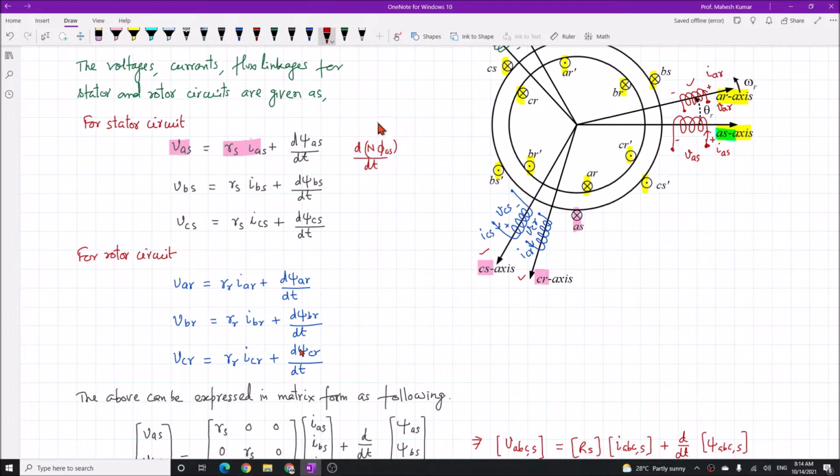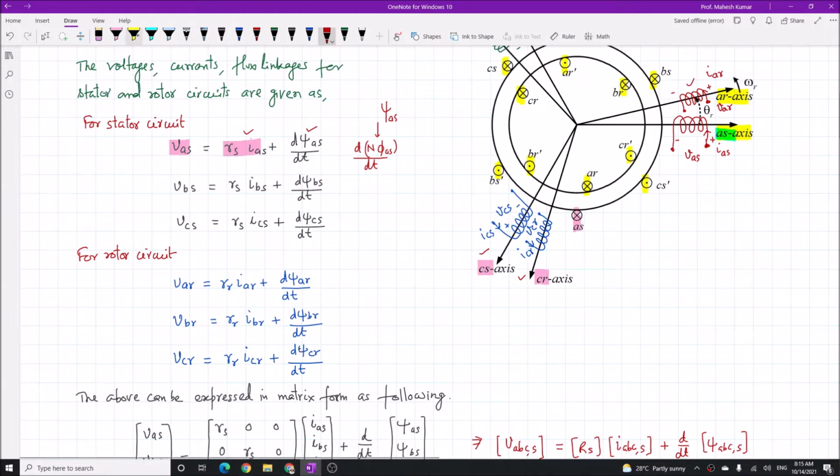So this is the total flux linkage denoted by psi AS. And the rate of change of that flux is the voltage induced, which opposes the main cause, that is the VAS. So there are two components. This is the resistive drop, this is the reactive drop, the drop because of the magnetic part of the circuit.